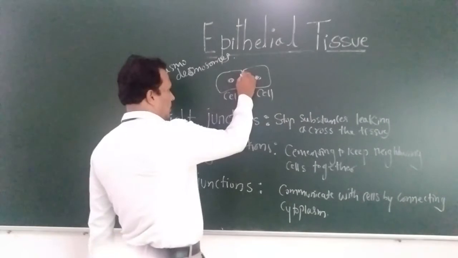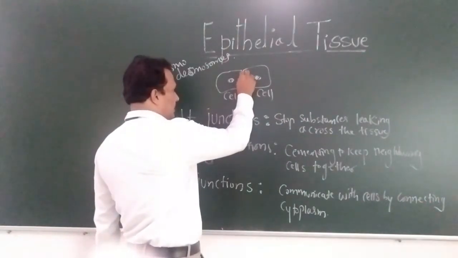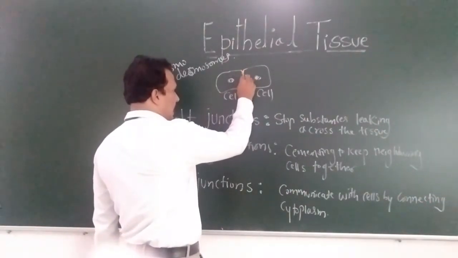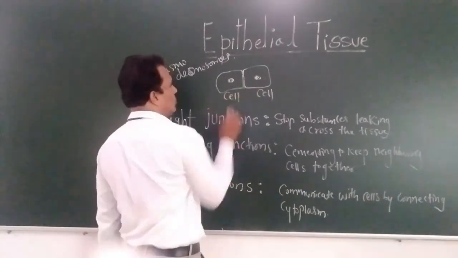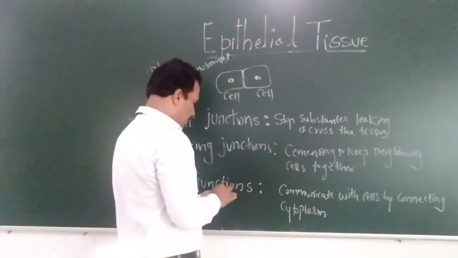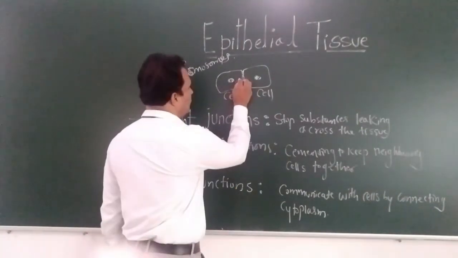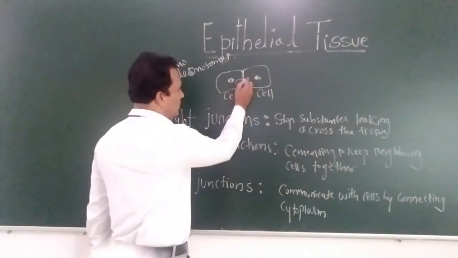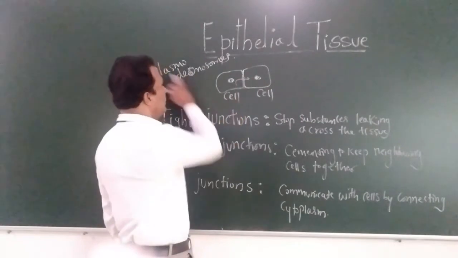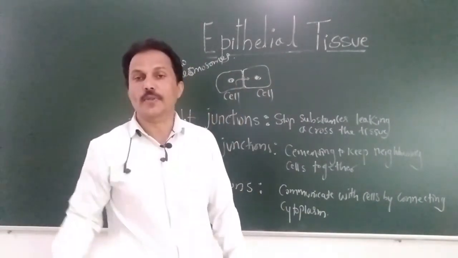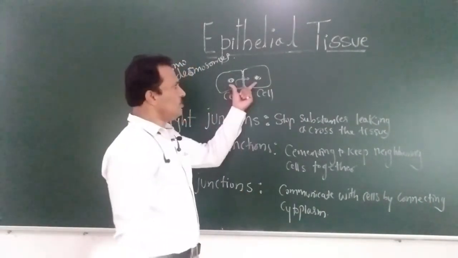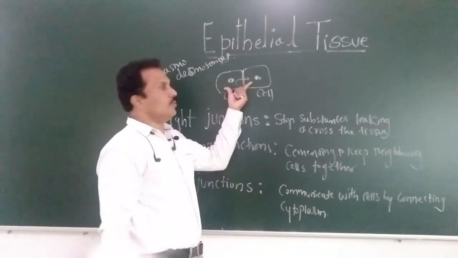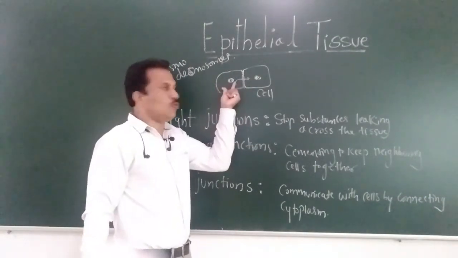No doubt the cell is like this, but there is a little bit of gap in between, so that the material from this cell can pass through this gap into another cell. There is one gap, which we know as plasmodesmosomes, which connects these two cells and allows the substances from one cell to pass on through that gap.